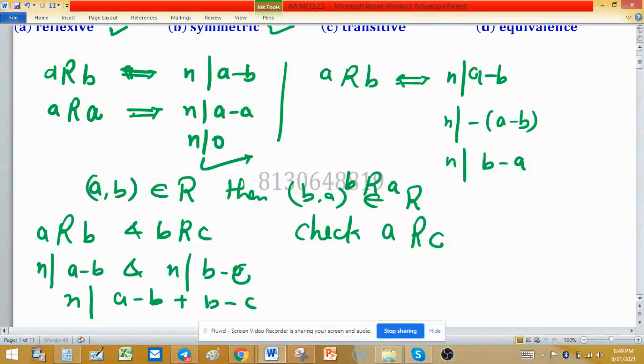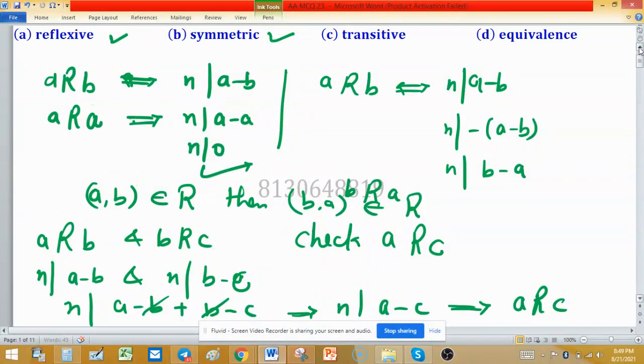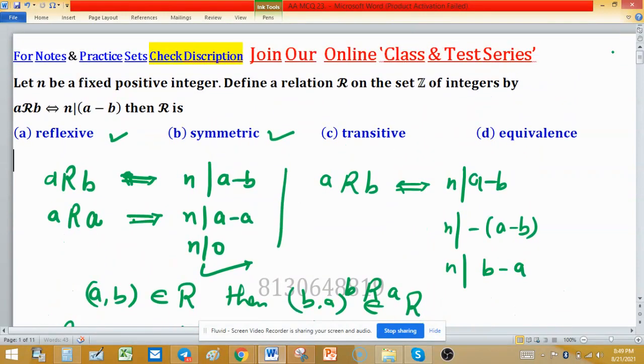So A minus B plus B minus C, the B cancels out with minus B. So n divides A minus C. If n divides A minus C, this implies, by the converse of the if and only if statement, that A is related to C. So this relation is transitive also. If a relation is reflexive, symmetric, and transitive, then we can say it is an equivalence relation.